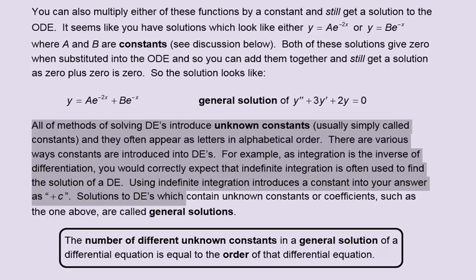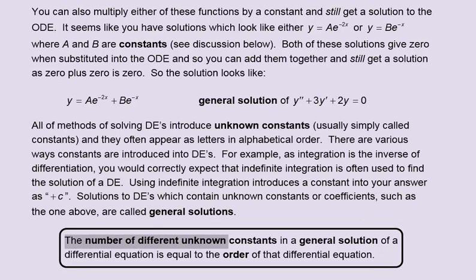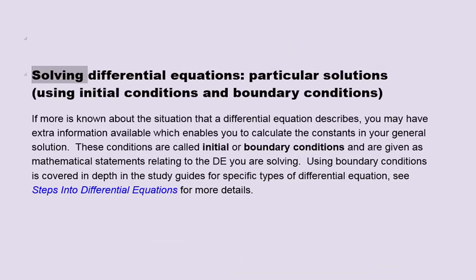Solutions to DEs which contain unknown constants or coefficients, such as the one above, are called general solutions. The number of different unknown constants in a general solution of a differential equation is equal to the order of that differential equation.